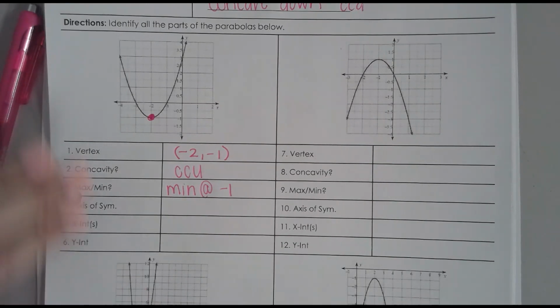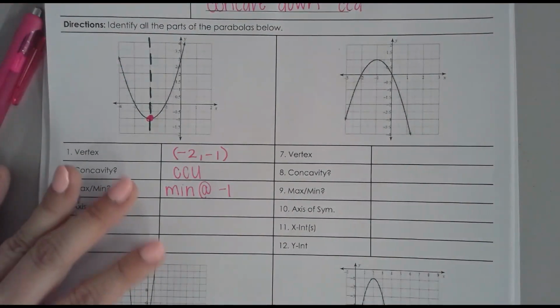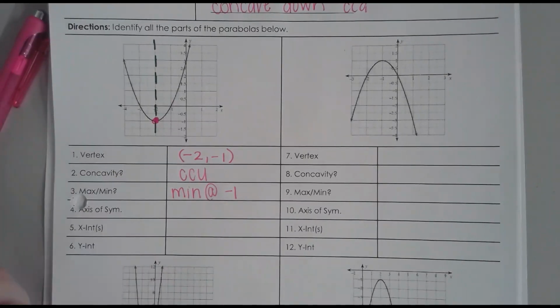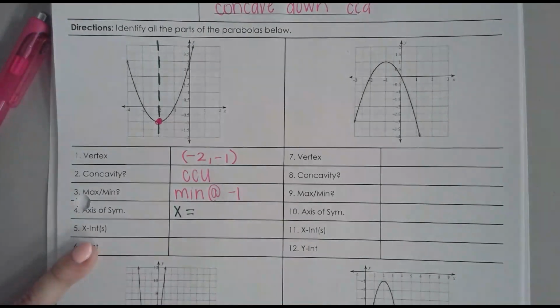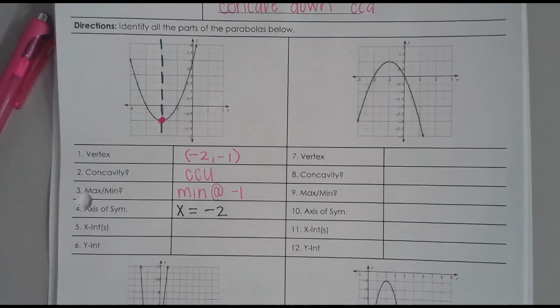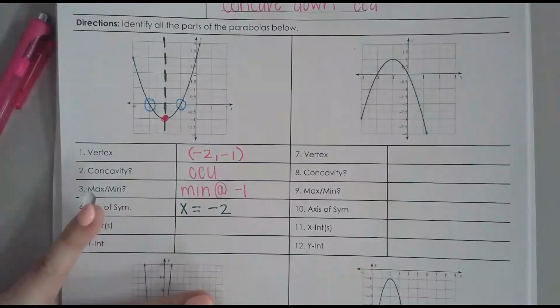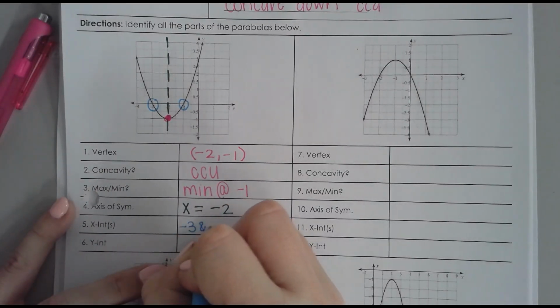The axis of symmetry is this line right here. So axis of symmetry is always a line. It is not an ordered pair. And what does my axis of symmetry have to start with? X equals. So it's x equals what? -2. Good. Where are my x-intercepts? Sometimes you will just see them written with just the numbers, -3 and -1.